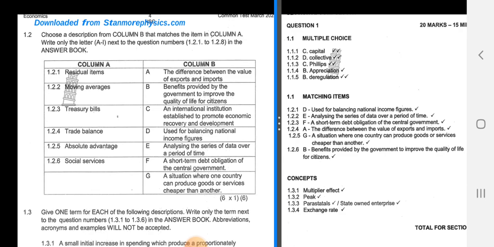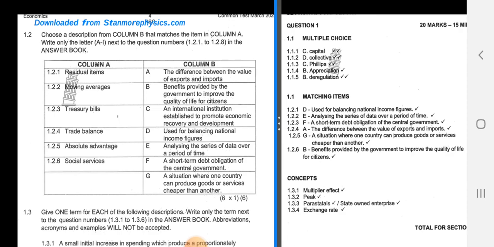Totals are yours here. So in column A, we have residual items, moving averages, treasury bills, trade balance, absolute advantage, and social services. So we need to choose which description best suits the items in column A.